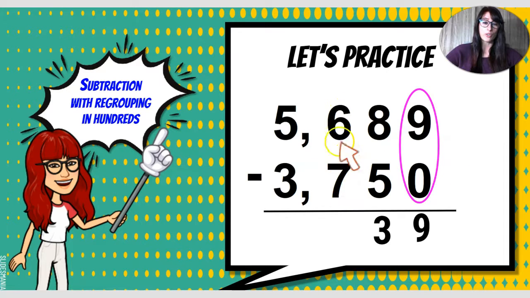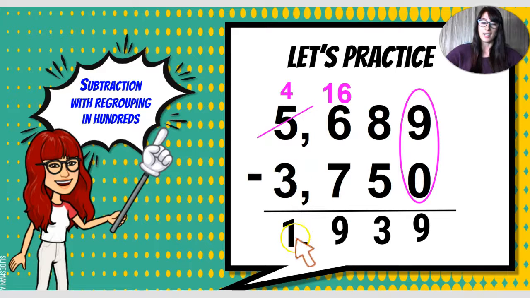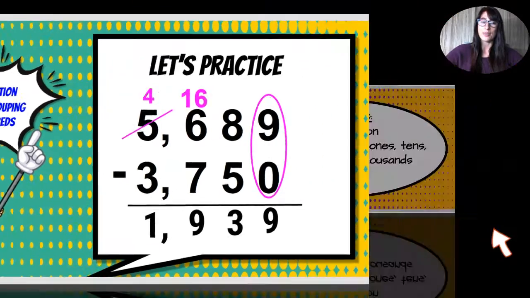More on the floor, go next door. So we'll go next door and we'll get 10 more. So now 5 becomes 4 and 6 becomes 16. 16 minus 7 is 9. And now we have 4 minus 3 is 1. The answer is 1939.